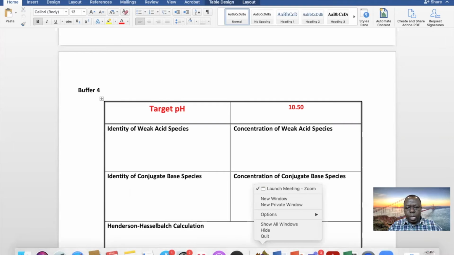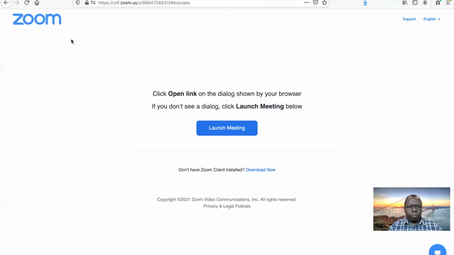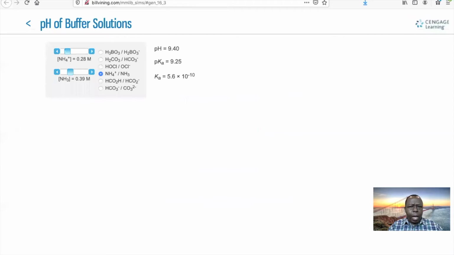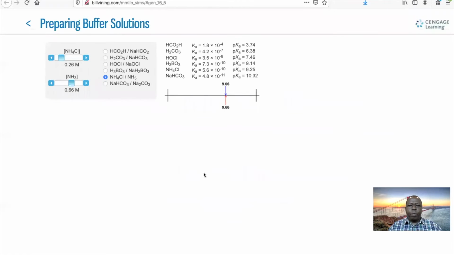I will load the simulation, and you'll see how to do that. This is for part A. Ignore the red arrow here, which is for the targeted pH. Forget about this arrow here. This is the targeted one.